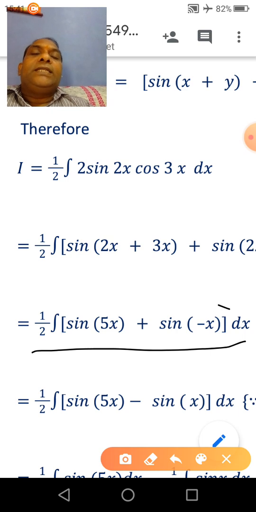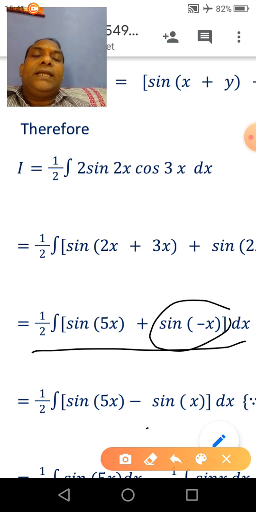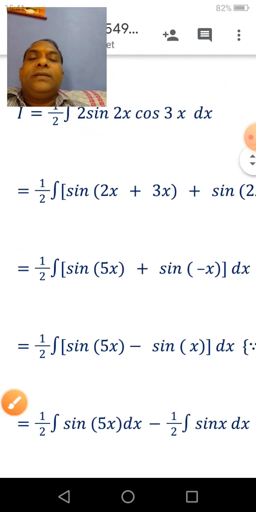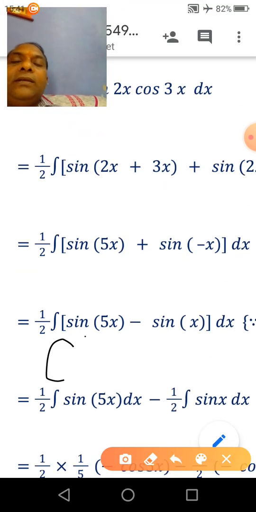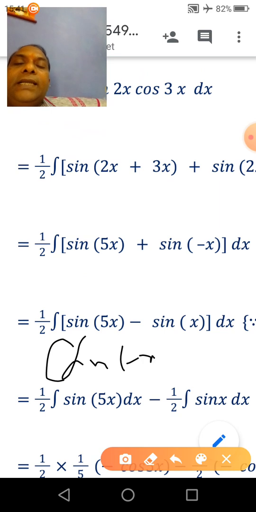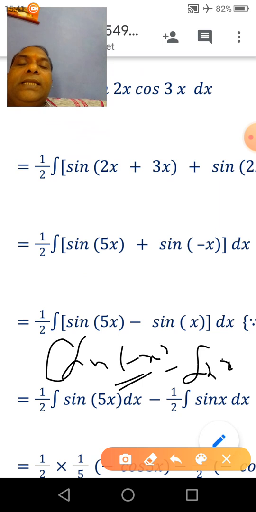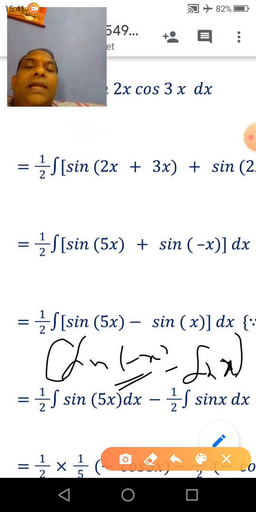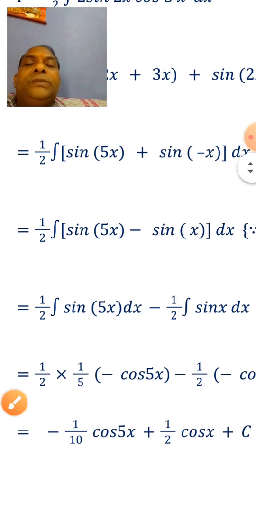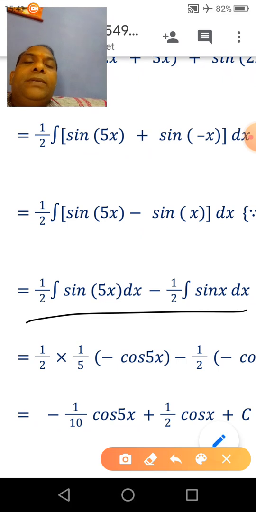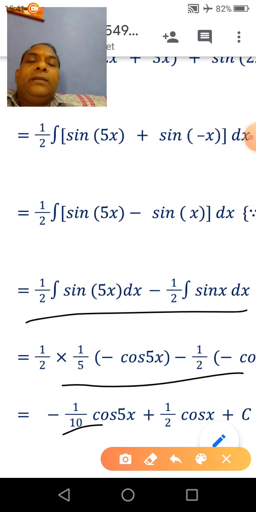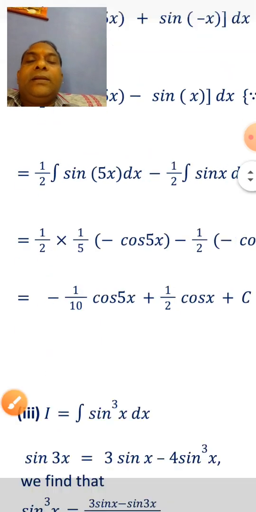We know that sin minus x is equal to minus sin x. Clear? Now this will be equal to, now integrate it, then you have the answer. Clear?